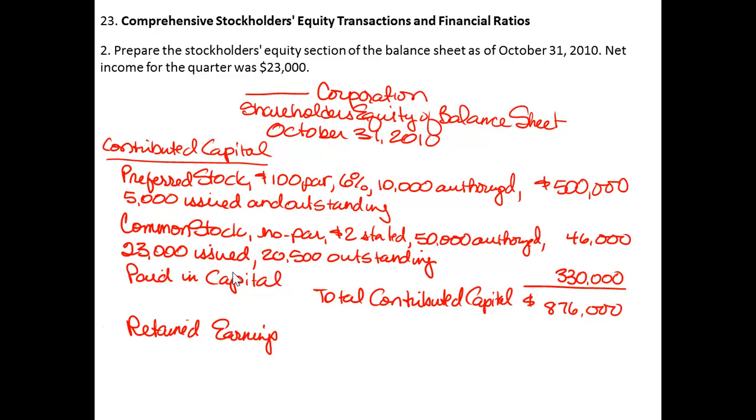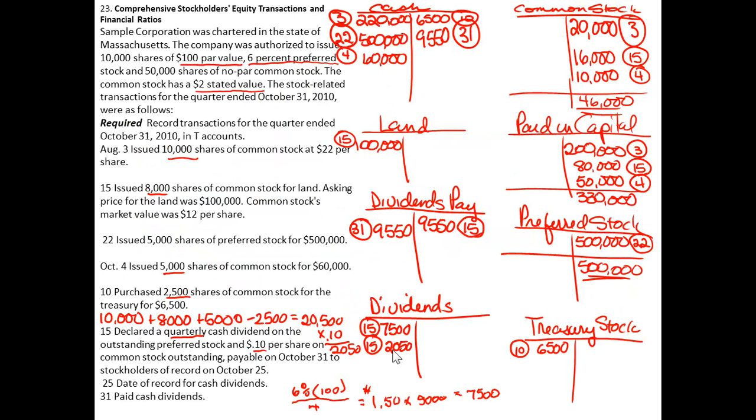and since this is a brand new company, the retained earnings is the profits for the year, and the profits for the year are 23,000. Oh, did we pay dividends? We did. So retained earnings is going to be the $23,000 minus the cash dividends.